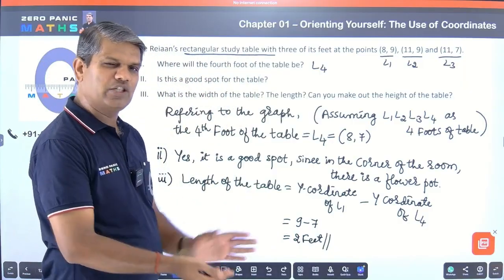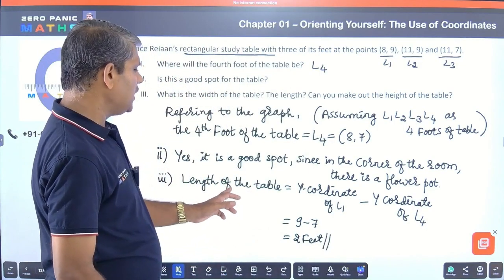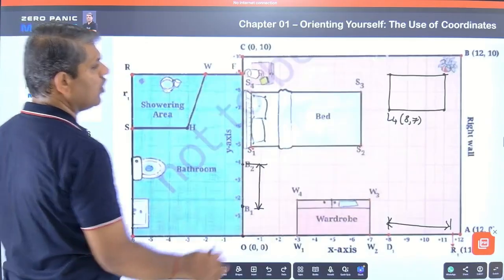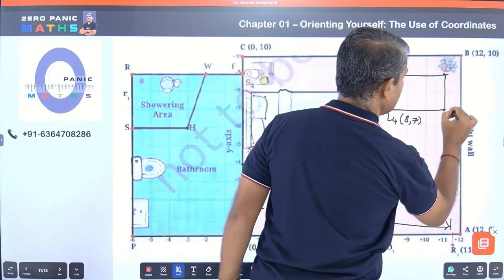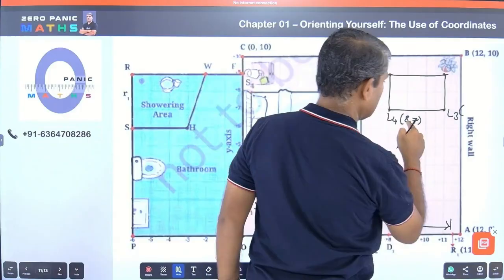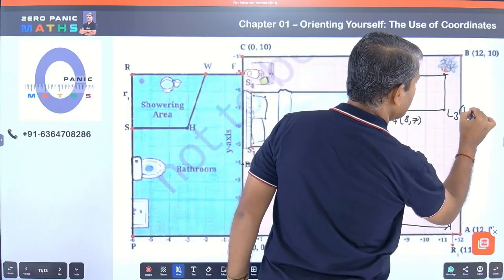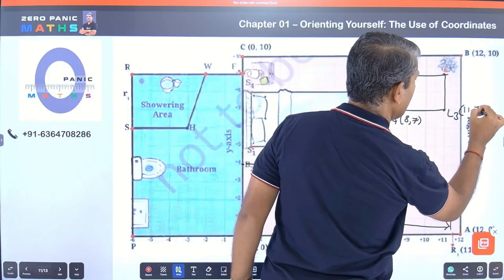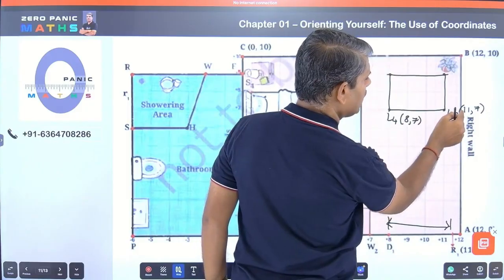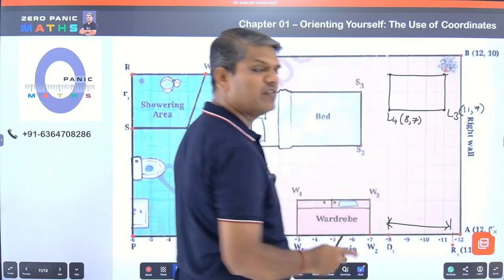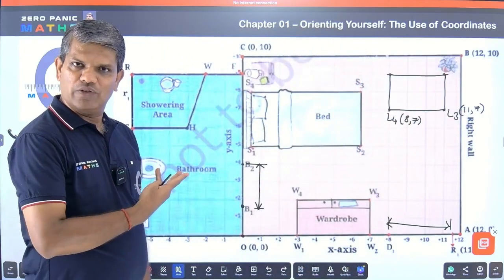Similarly, I will leave it to you. The width of the table is the x coordinate of L3 minus the x coordinate of L4. What is L3? It is 11 x coordinate and 7 y coordinate. So it is 11 minus 8, which is 3 feet. Will you write that?